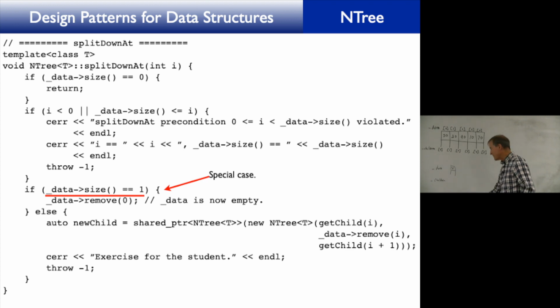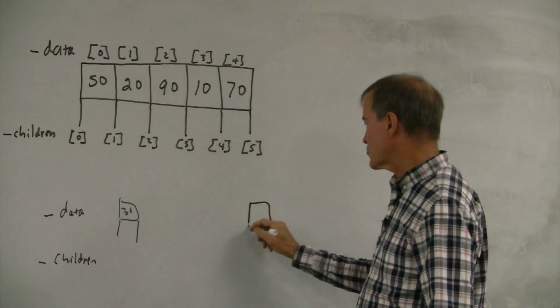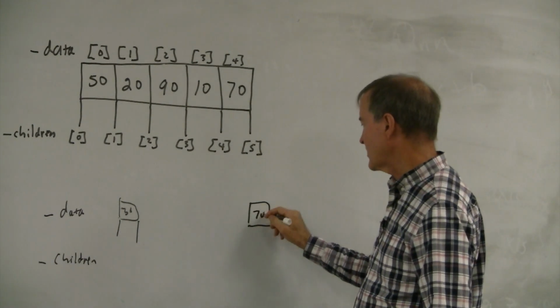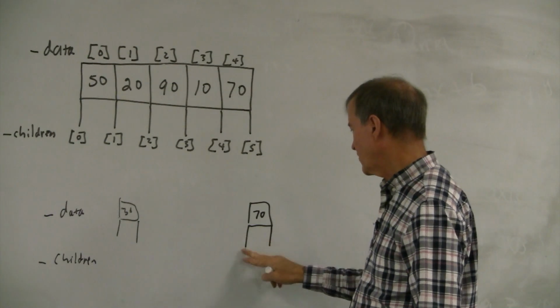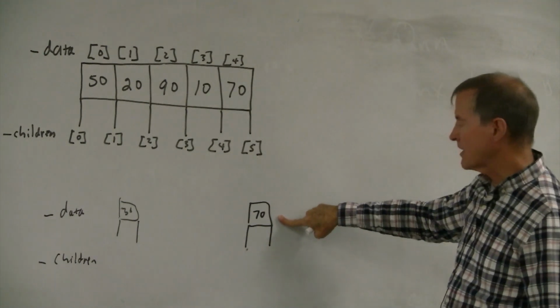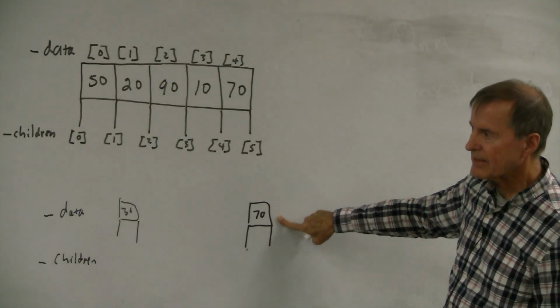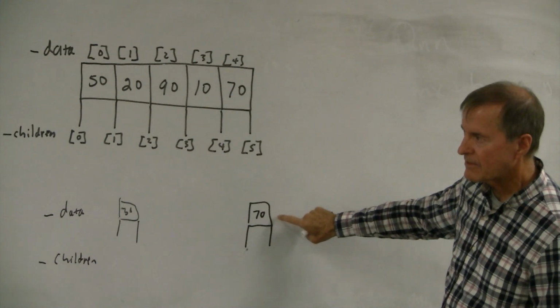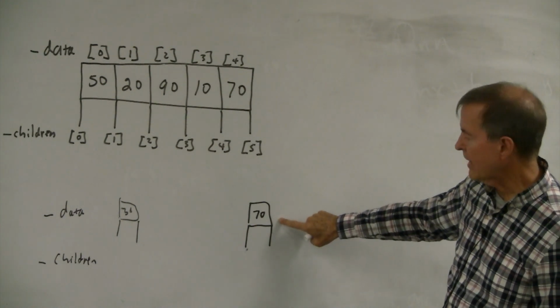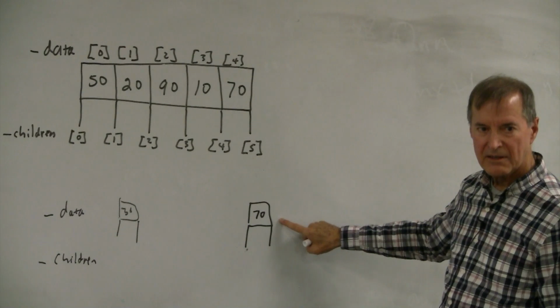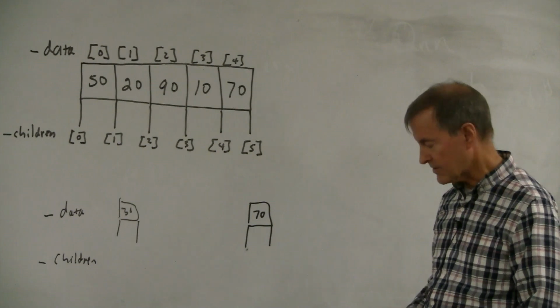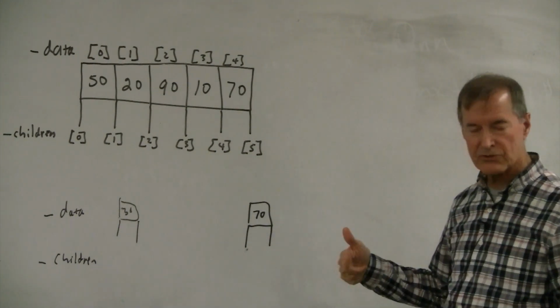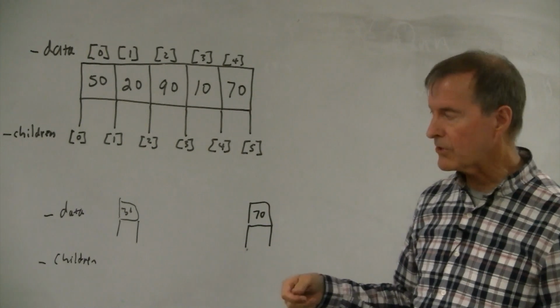Do you remember we said that if there's just one, like if this is 70, and you do a split down at 0, this just goes away. That's kind of a weird special case, but we will need this behavior in the future.